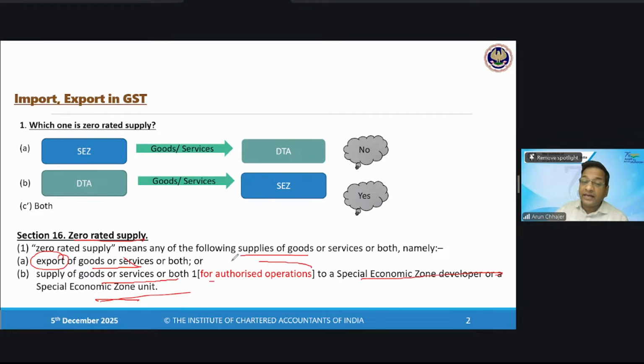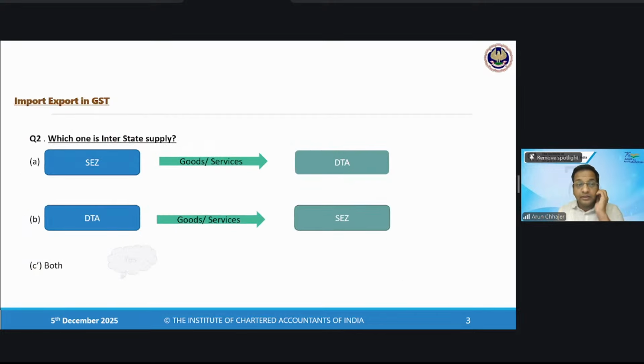And now they have added the words for authorized operation. It means if you are making the supply to the said unit and it is for authorized operation, then only it is called zero rated. Otherwise, it is not zero rated. Correct?